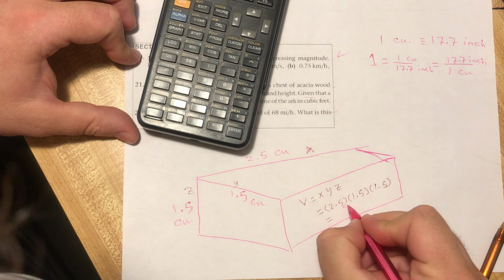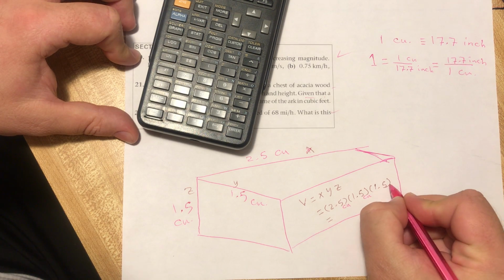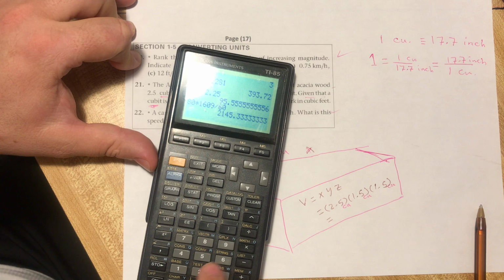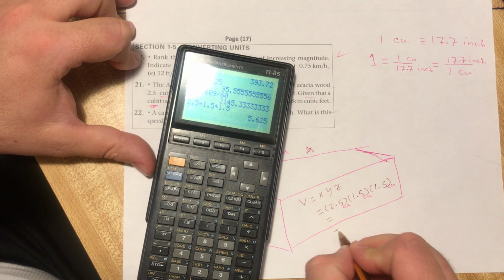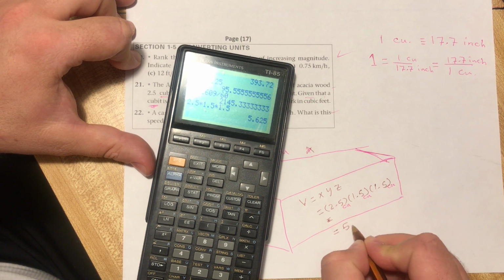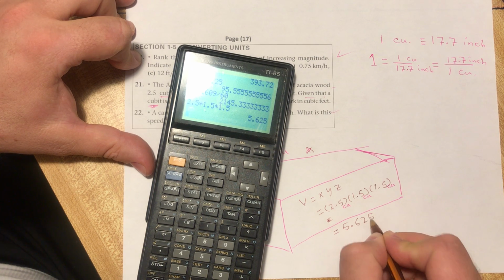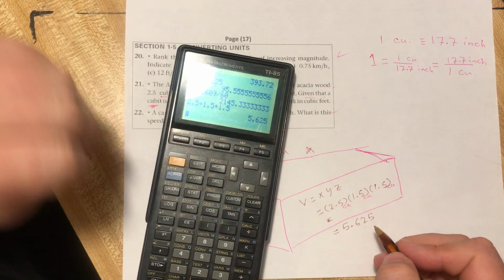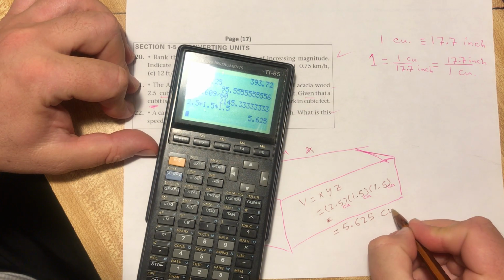This is in cubit units. The answer is 5.625, cubit multiplied by itself three times, so it will be cubic cubits.